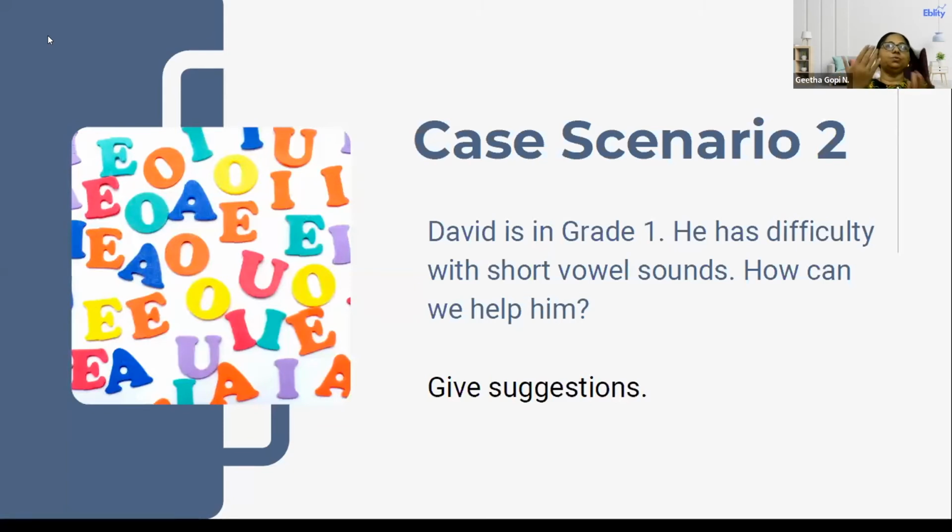So again, that is one way why I use the body parts itself for them to learn this. Also, they can write these letters nice and big on the floor, and they can walk through it.